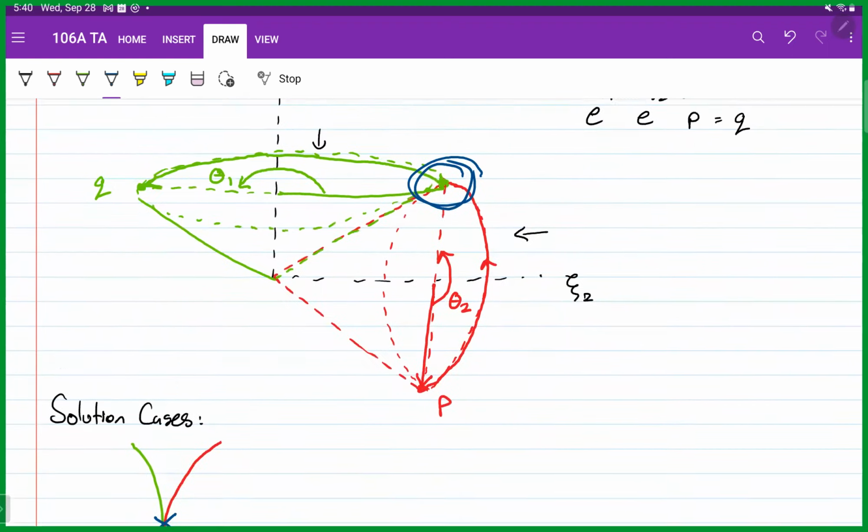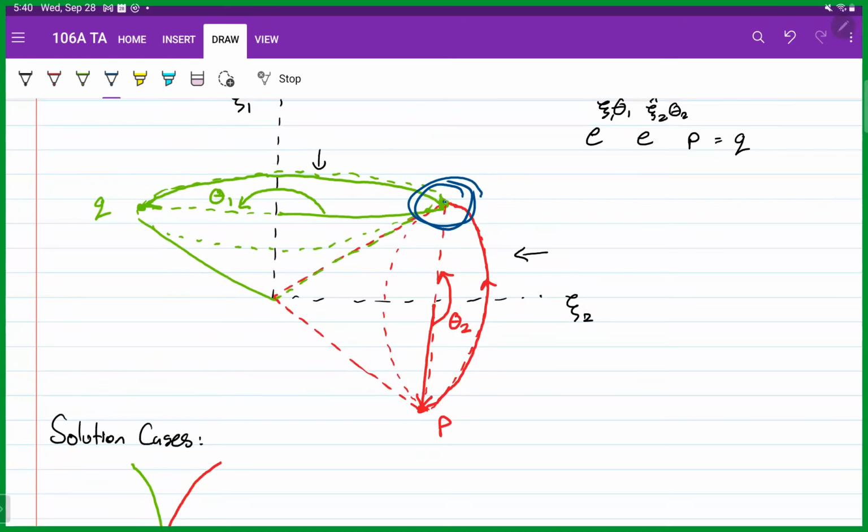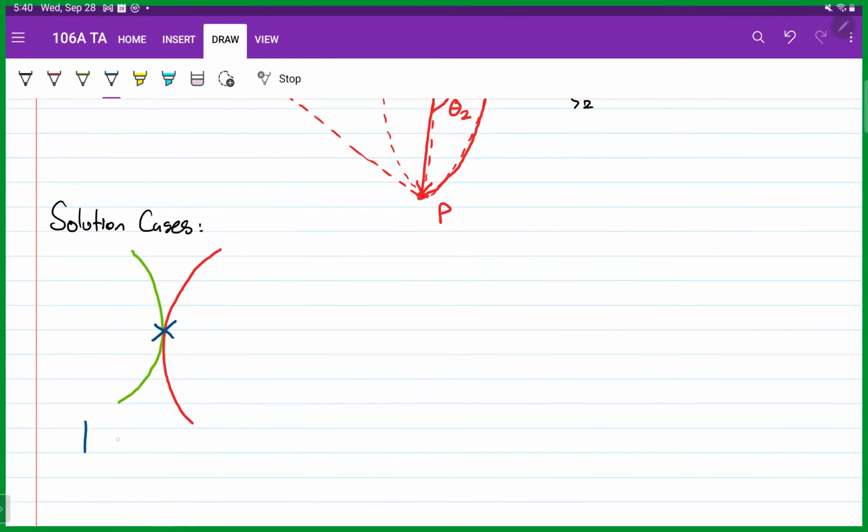There's a single theta that's going to take us over to this point, and there's a single theta that will take us over to the solution over here. So there is one solution, because there's only a single intersection, and we're rotating around to our final point. So when these two cones just touch each other just like that, we have one solution.